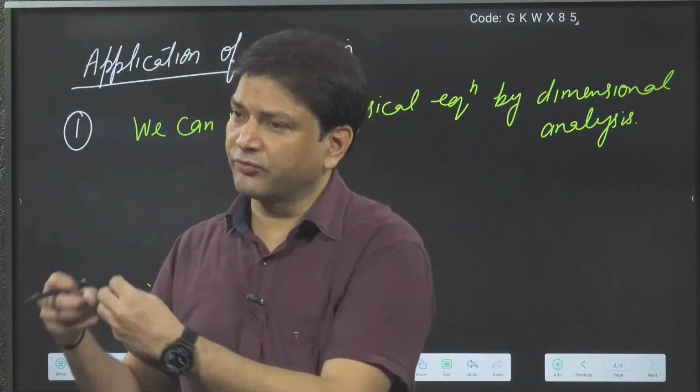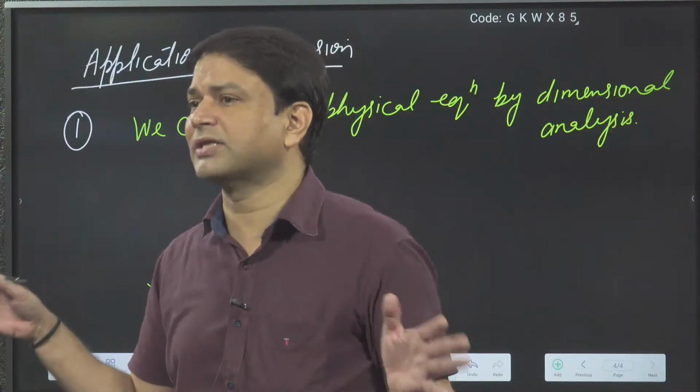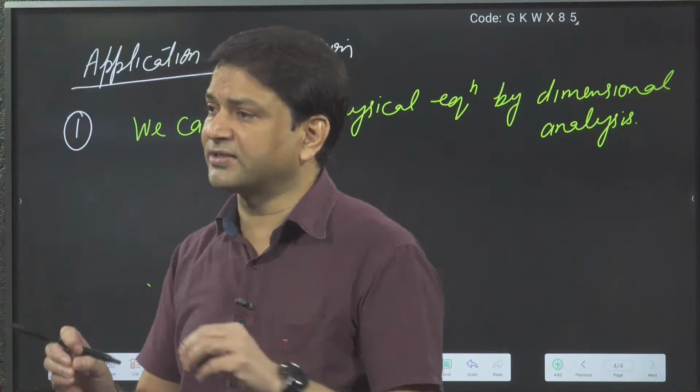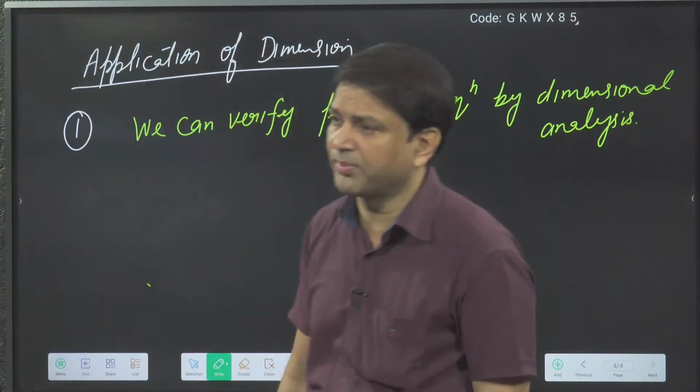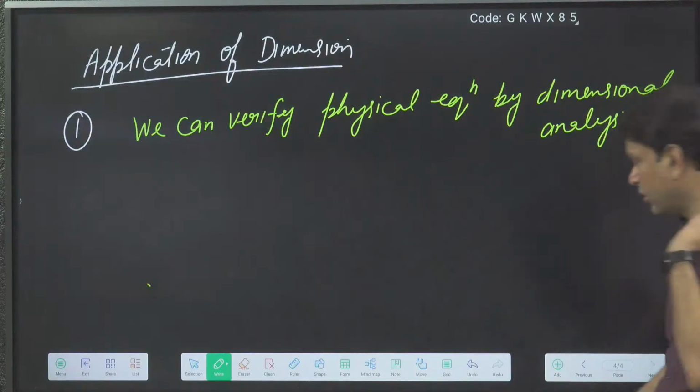But if any equation fails the dimension test, if it does not satisfy the dimension condition, then we can say definitely it will be incorrect. Did everybody get this or not?